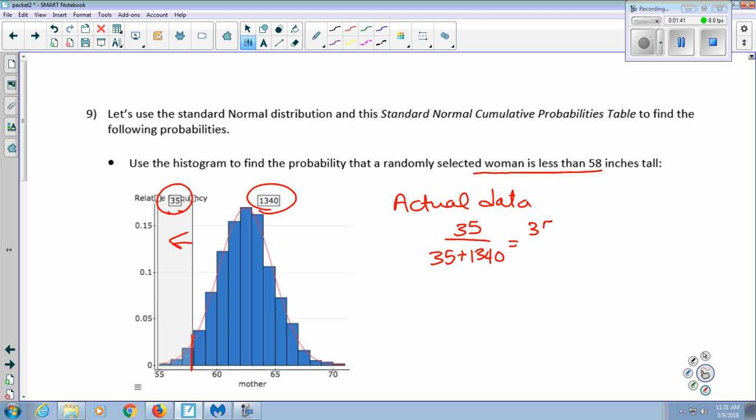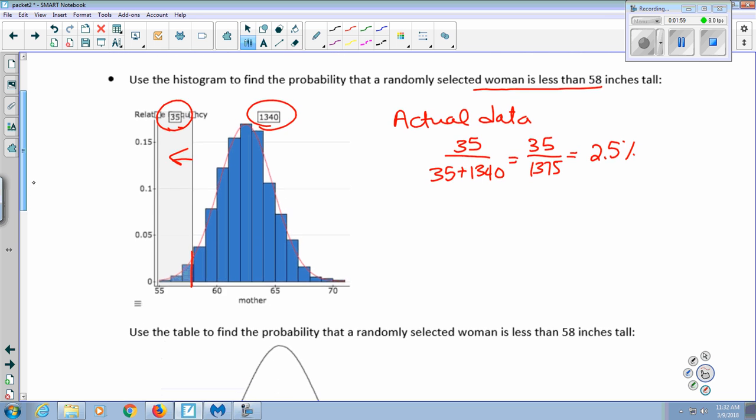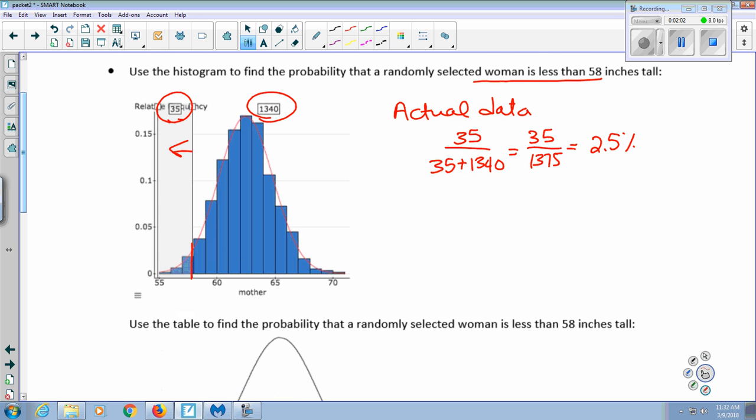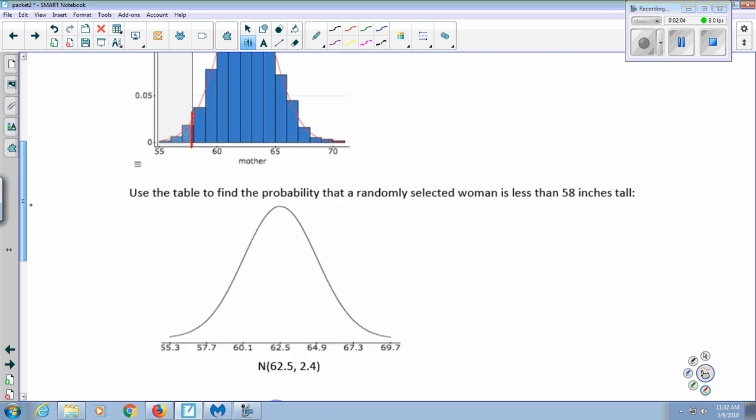So all together, we have 1375, and this comes out to be 2.5%. So about 2.5% are fewer than 58 inches tall.